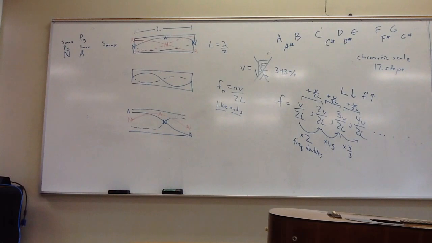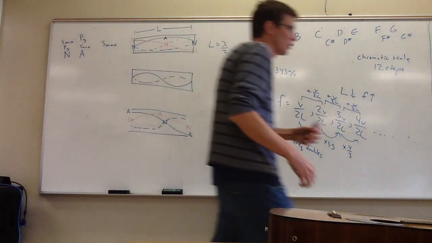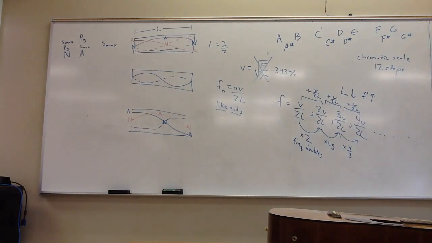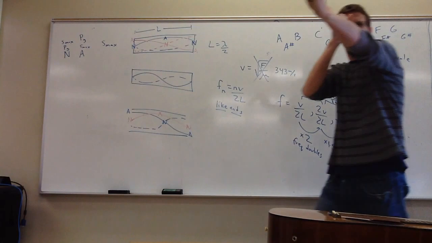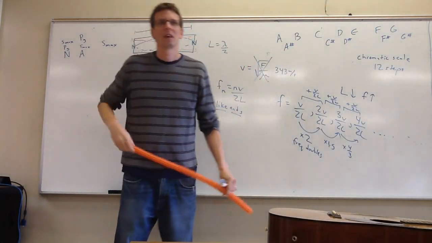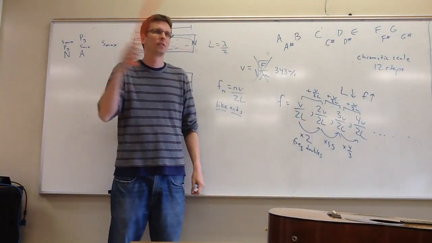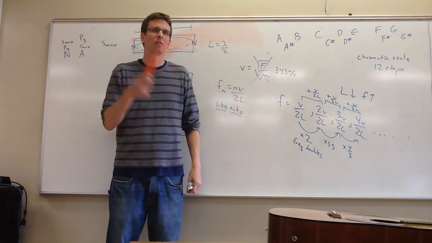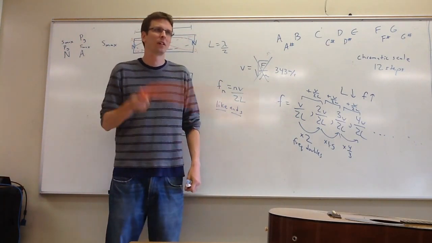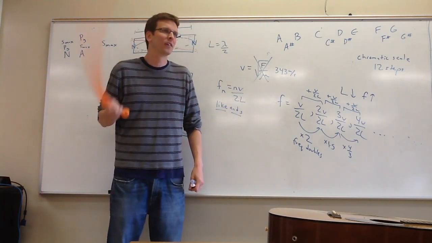The only case that we need to address, oh, and let me show you one of these. Here's a tube. Both ends are open, okay? I can make a standing wave in this. There's one. There's the next one. There's the other one.